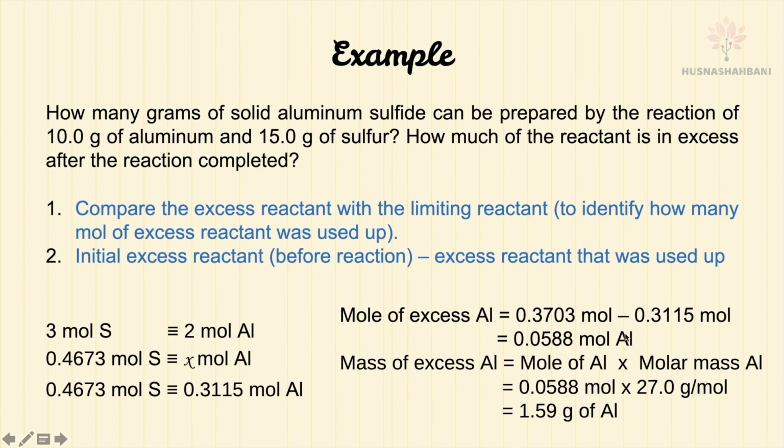So we have the number of mole that is left after the reaction. We want to know how much the reactant in excess, convert it to mass. Mole times molar mass, you get the mass of Al. So this is how you get the reactant in excess after the reaction completed. You have to minus with the number of mole that is being used up.